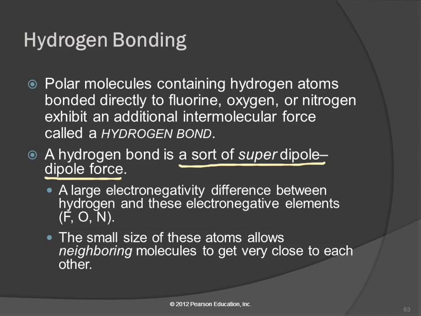So the charge on the ends of this molecule are larger than if the hydrogen was bonded to something like boron or selenium or something less electronegative. So we have a stronger dipole, and that means that the dipole-dipole force is going to be larger.